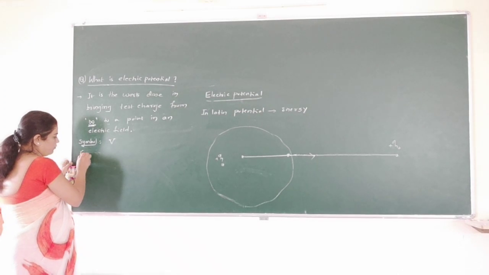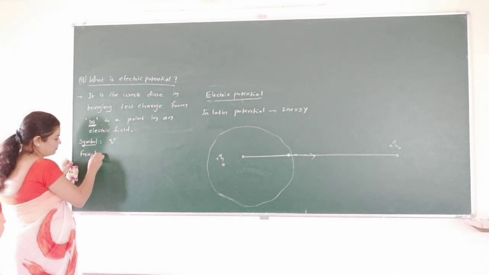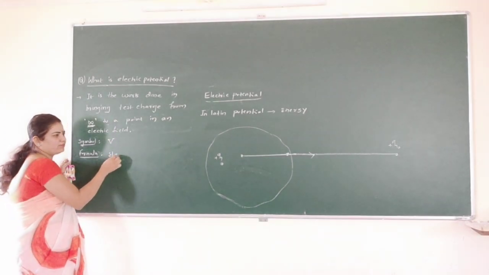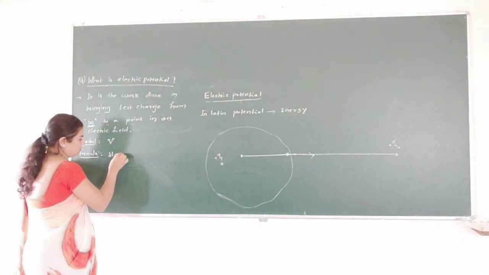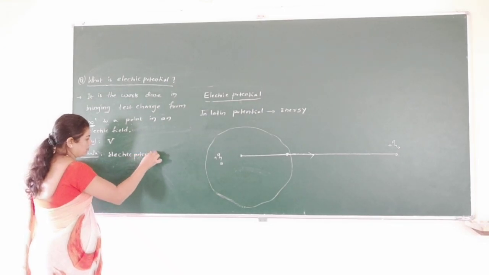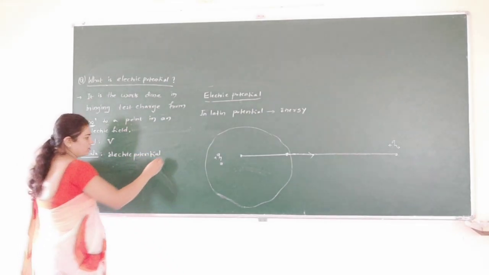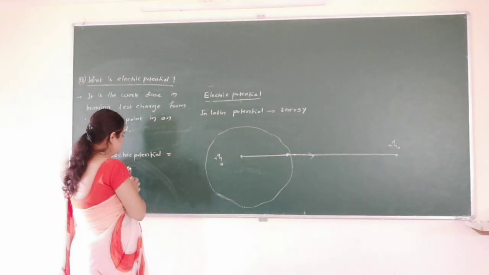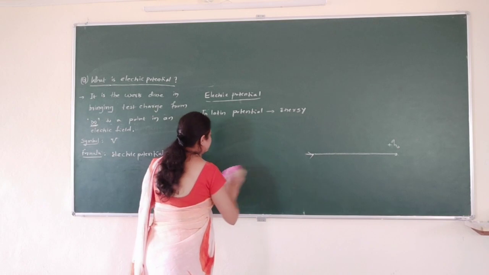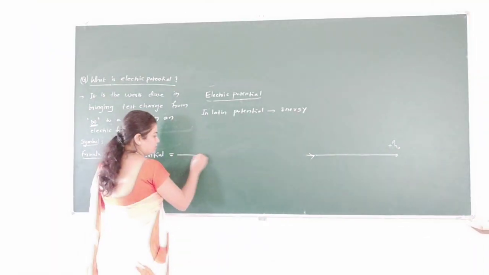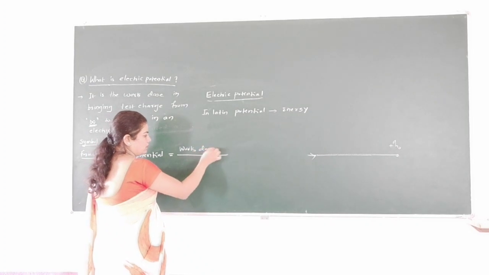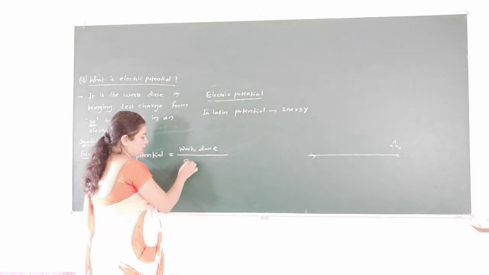We will write the formula. Electric potential, or simply potential, is equal to work done divided by charge.